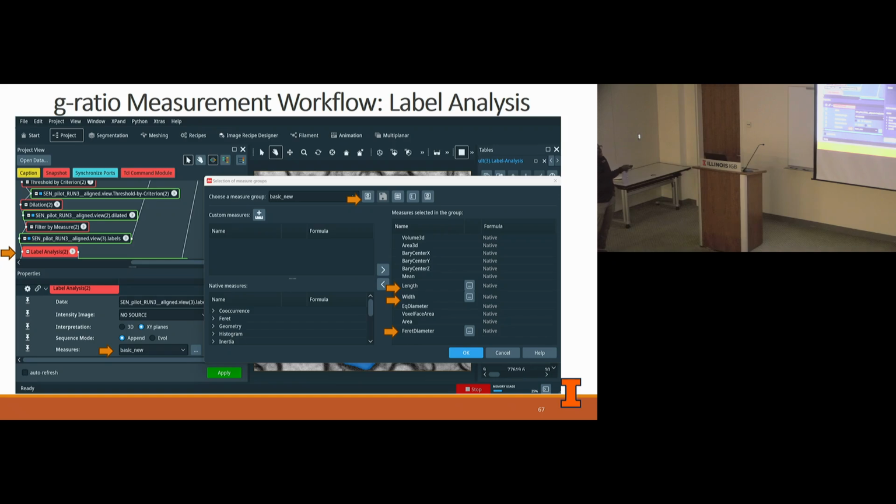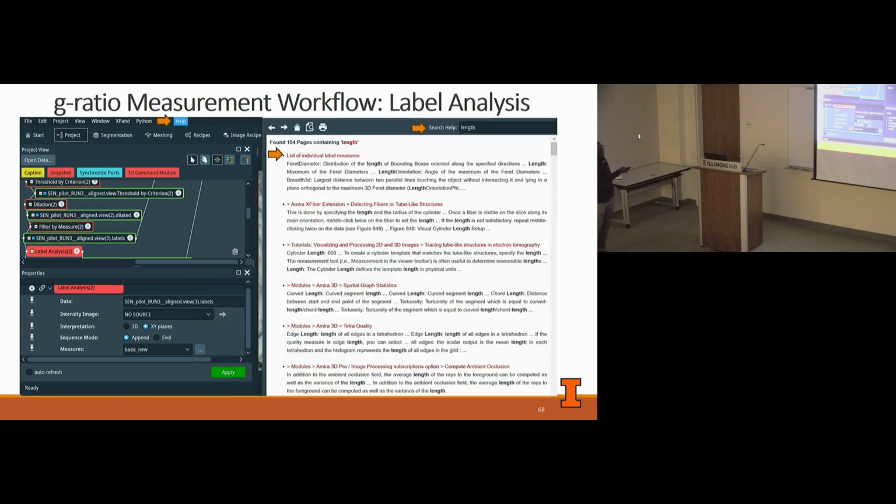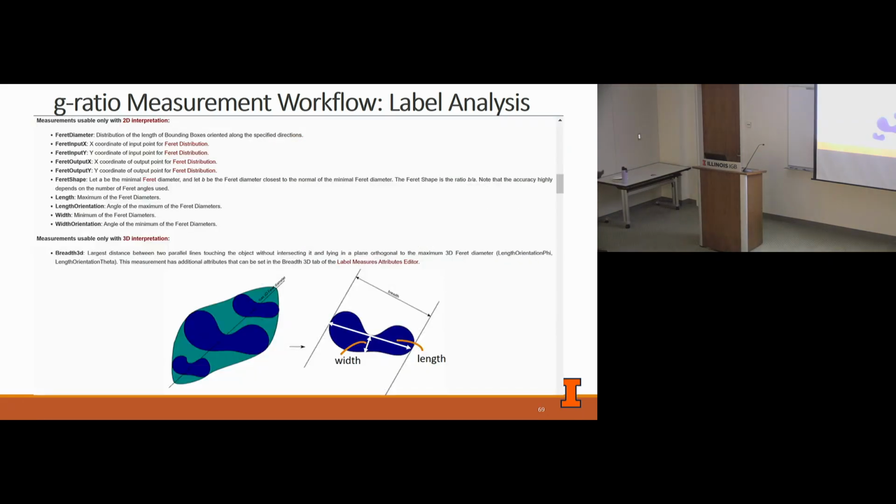Here I added a couple of measurements. The way you do that is you can go to the Help Guide, type in length or measurement, and it will give you a list of measurements, and you can read about it and see if those are meaningful. Two of them that I was interested in: the length is a type of Feret diameter where it measures the longest diameter of whatever object you're interested in, as well as the shortest diameter.